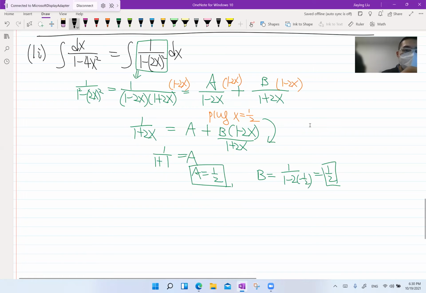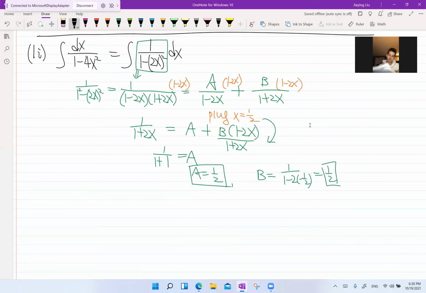Sorry, I just had a question. Yeah, go ahead. If you do this out, you'll have 1/2 over 1 minus 2x and 1/2 over 1 plus 2x as your substitute. Yep. When you integrate something over 1 plus 2x, you can use the natural log rule, right?